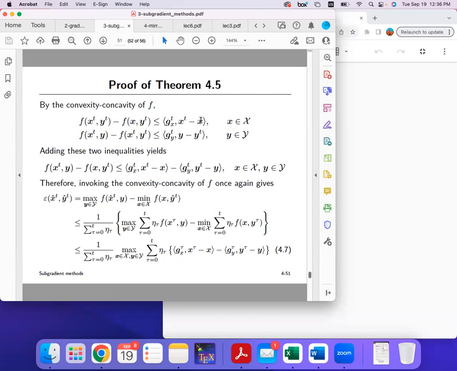This is xt minus x, but this is y minus yt, right? Because this is concavity. And then we add them together. So this term will cancel with this term. So on the left-hand side, we only have a difference of function values, and then these two inner products.